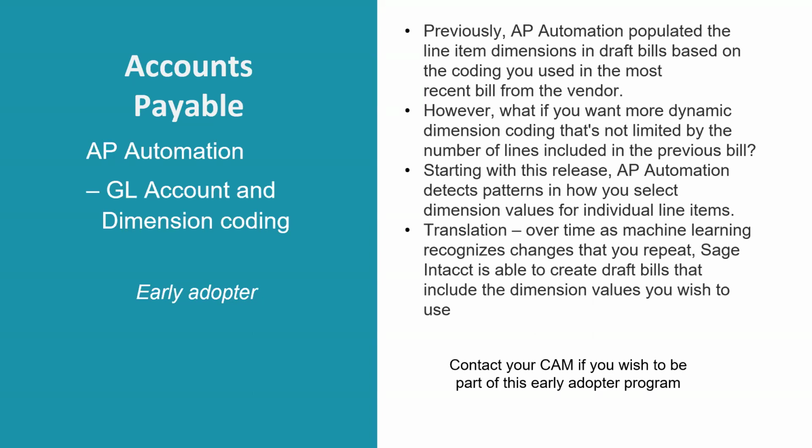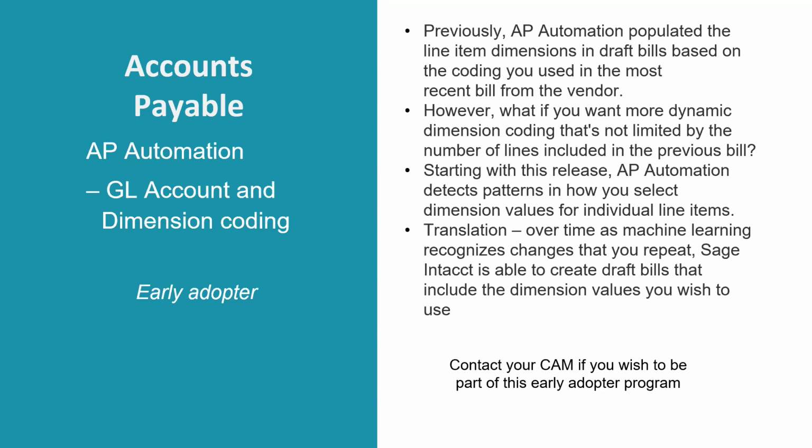And with this release, AP automation will start detecting patterns in how you select dimension values for individual line items. As you build the memory bank, the more you use it, the more it'll remember the patterns. And in the future, once it recognizes, oh, it's this vendor and it's this kind of bill, then it'll start making suggestions for coding.